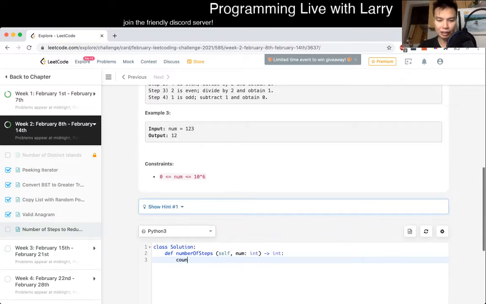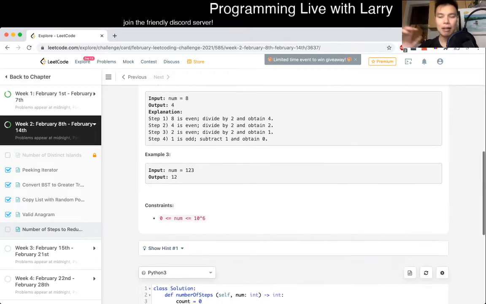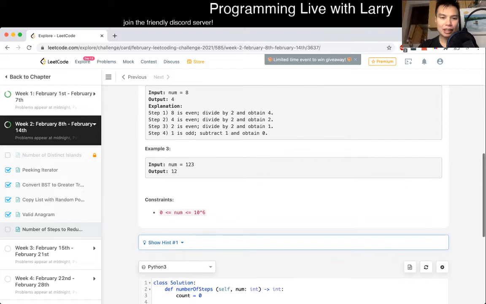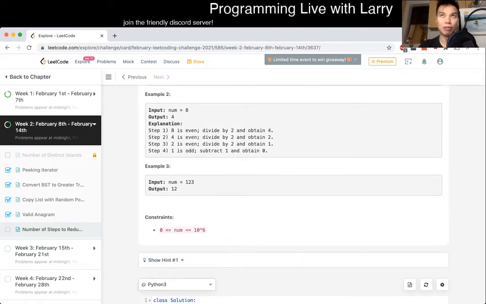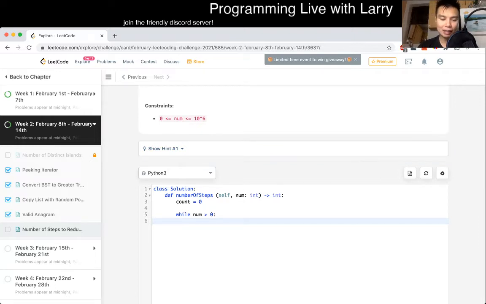So you have count equals 0, while num. And actually there are a couple of in theory shortcuts that you can do in Python, because this actually reduces to counting the number of ones and zeros and digits. I think it's just the number of digits plus the number of ones in the binary representation. But that said, we can just do it.